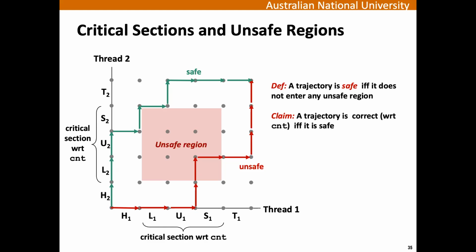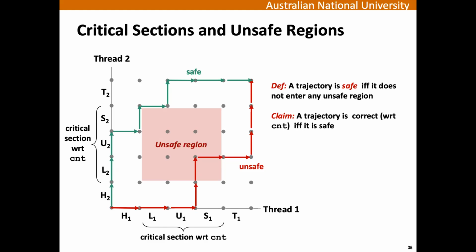And the claim is that when you're writing concurrent programs with multiple threads, a trajectory on this coordinate plane, Cartesian plane, is correct. Many trajectories are feasible. The kernel can schedule threads in any possible way.